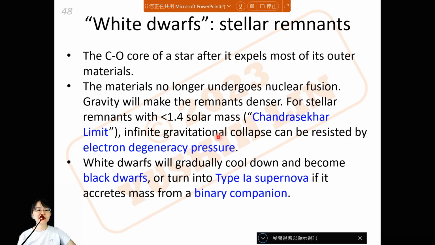It means infinite gravitational collapse can be resisted by electron degeneracy pressure. That means electrons don't want to enter the nucleus. If the mass of the remnant star is small enough, and when it collapses, because its gravity is not strong enough, at the atomic level, the electron can stay in its orbit.